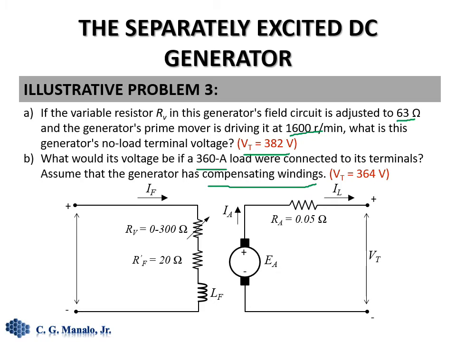So if you have compensating windings, it is as if there is no armature reaction even if you have a load. So again, letter B has a load, but we assume that there is no armature reaction because of the compensating windings.